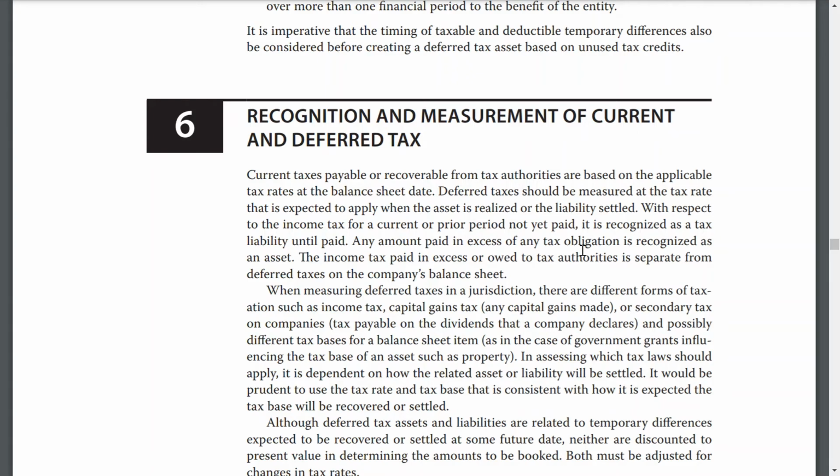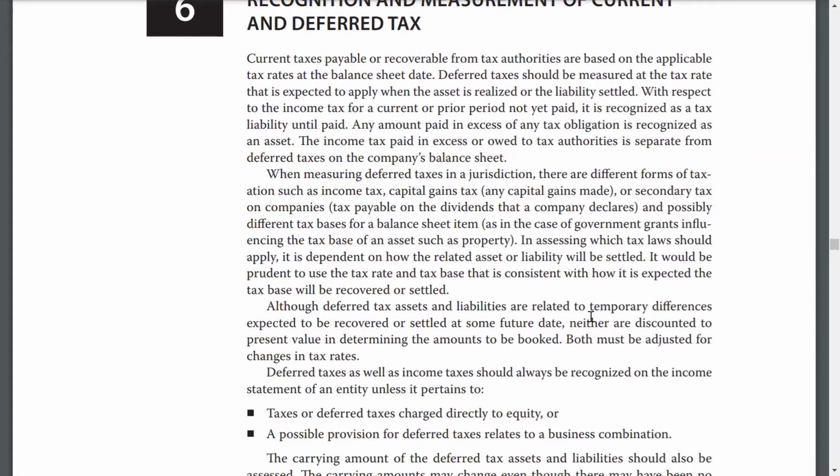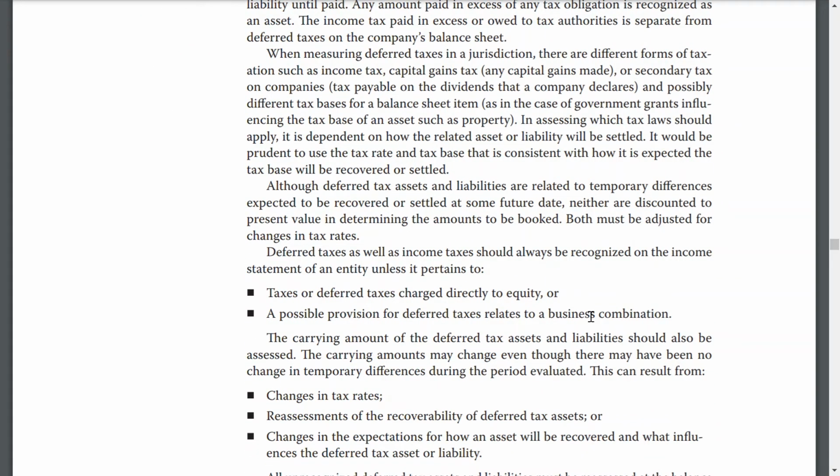In assessing which tax laws should apply, it is dependent on how the related assets or liabilities will be settled, and it would be prudent to use the tax rate and tax base that is consistent with how it is expected the tax base will be recovered or settled. Although deferred tax assets and liabilities are related to temporary differences expected to be recovered or settled at some future date, neither is discounted to present value in determining the amount to be booked. Both must be adjusted for changes in tax rates.